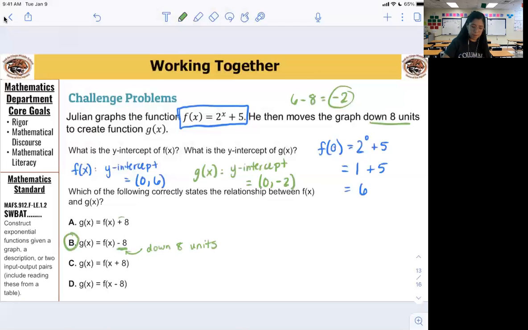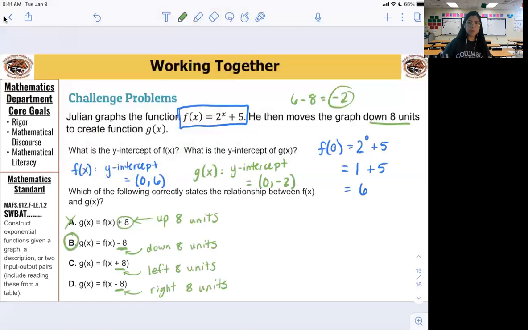What would A be? It will be up 8 units. What would C be? C will go to the left. Good. That would be left 8 units, and then D, to the right.